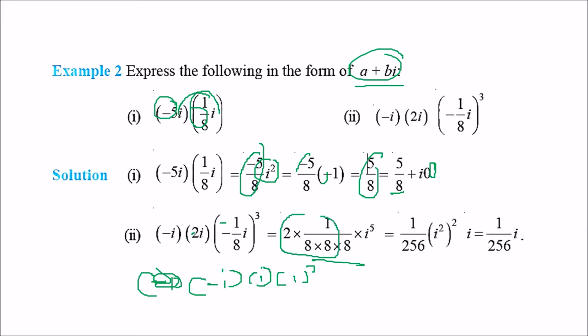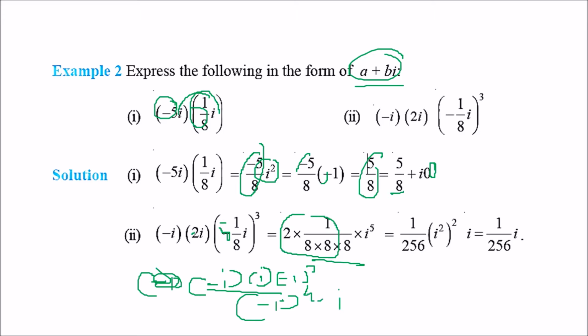So we take this term. What about these? This is minus I, this is I, and this is I cube. Let us take minus here and forget about this minus. So this is actually minus I to the power 4 into I.